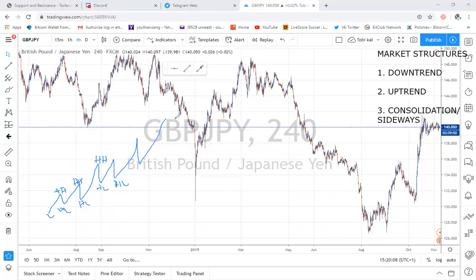So when you're considering an uptrend, for you to know that an uptrend is valid, you need to see at least two high points that are successively higher than the other. What this is saying is this point is higher than the previous high, this point higher than the previous high.